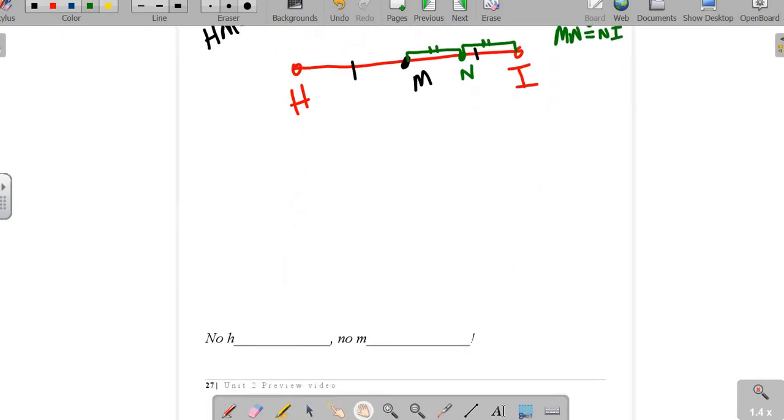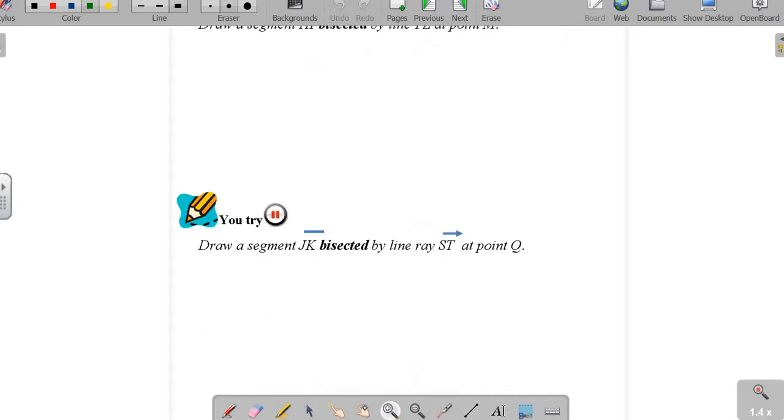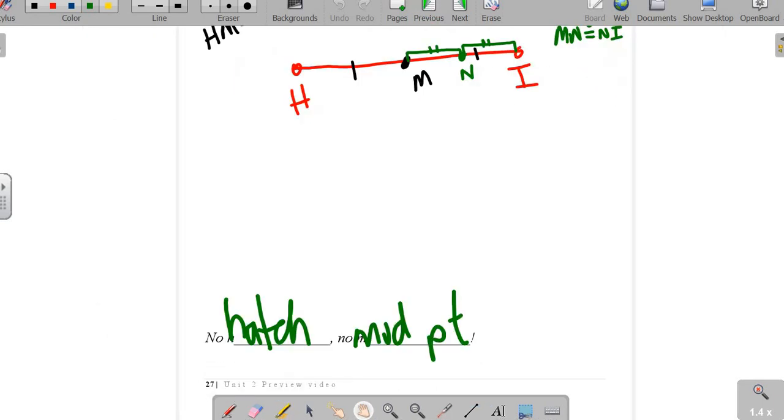Very, very important. If you don't have hatch marks, there's no midpoint. Super important. If there's no hatch mark, there's no midpoint. A midpoint is exactly what it says.